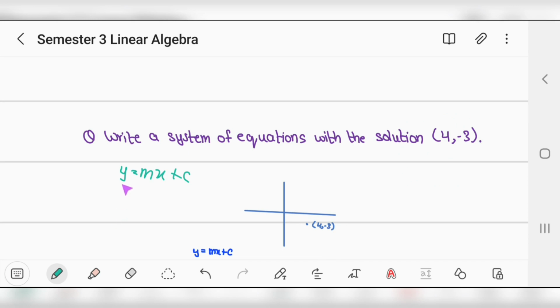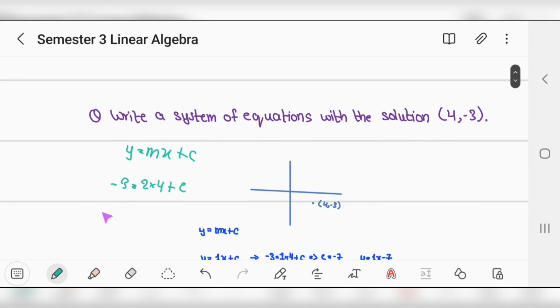We can put here -3, and we can assign any gradient, let's say 2, and we get the value of c. The value goes there, so it will be -9, -10, -11. So it's going to be -11.